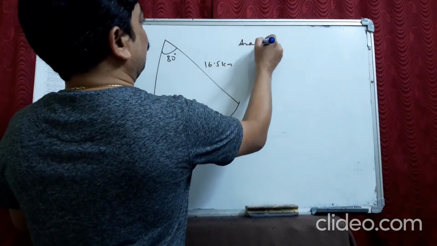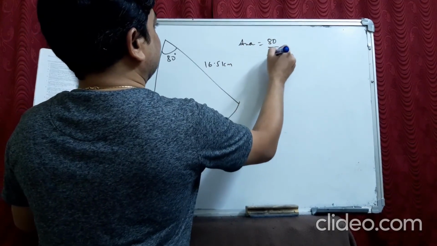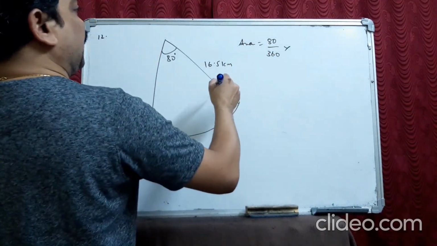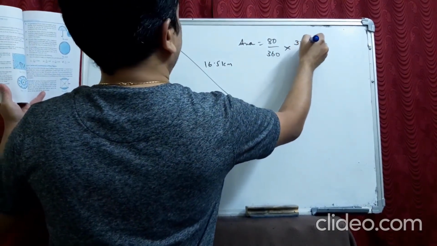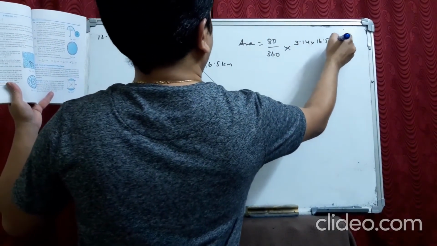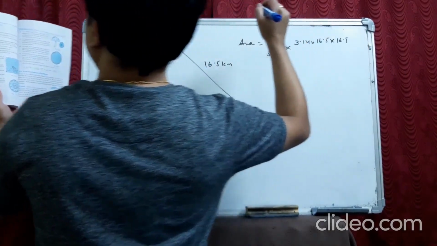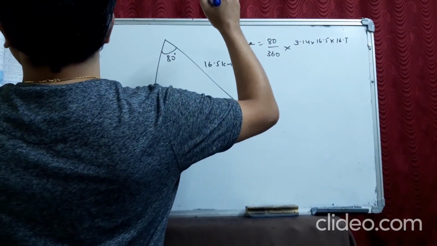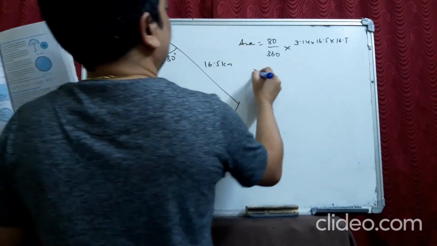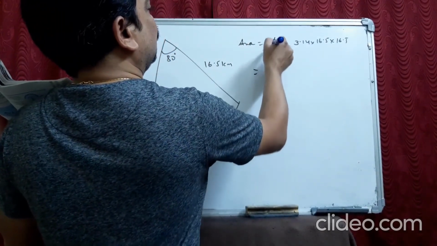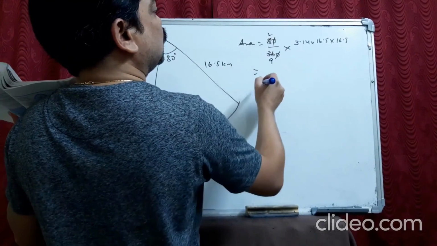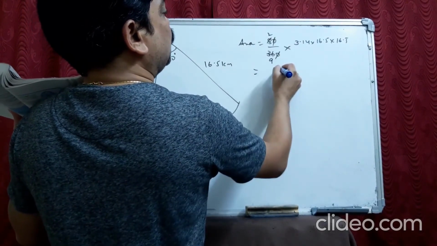Area is equal to theta 80 by 360 into pi r square, with r as 16.5. Pi value is given as 3.14. 16.5 into 16.5. Now you can cancel 4 9s, 4 2s. So it becomes 6.28.